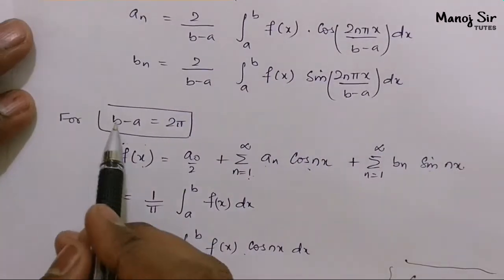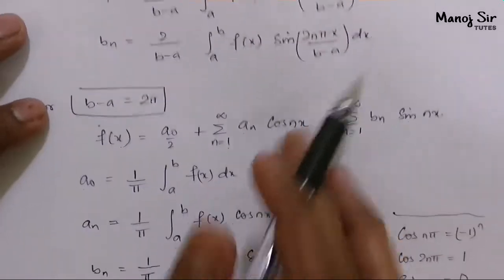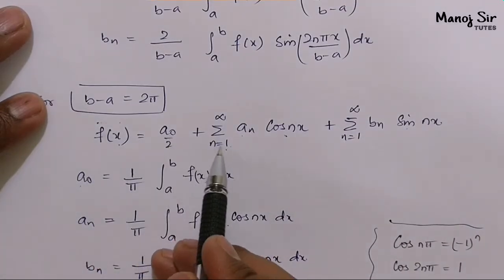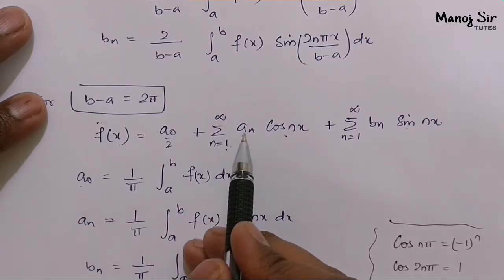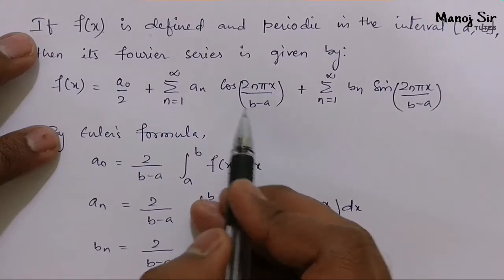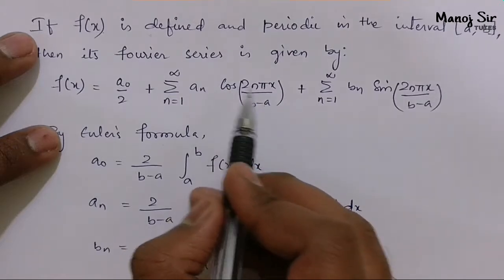So if you put b minus a equals 2 pi, the Fourier series becomes f of x equals a naught upon 2 plus summation n equals 1 to infinity a n cos nx plus summation n equals 1 to infinity b n sin nx. The 2 pi gets cancelled and you are left with cos of nx.